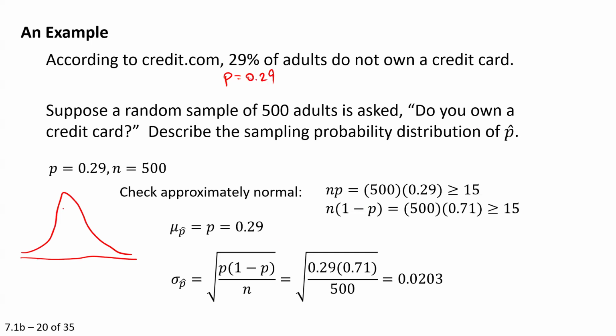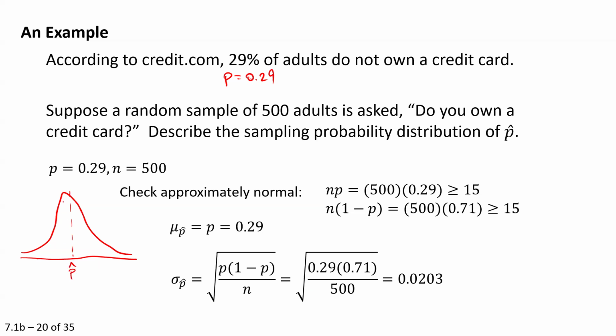You all understand what I mean when I say that? What's the sampling distribution of P hat? Percent of the sample. Yeah. What would those sample percentages look like if I plotted them on a histogram here?